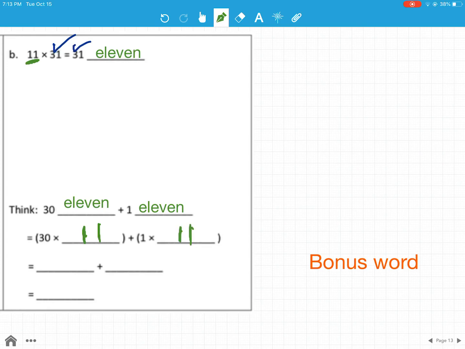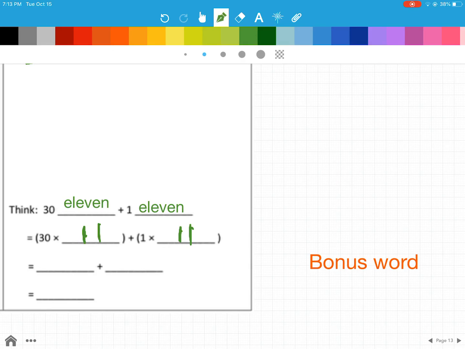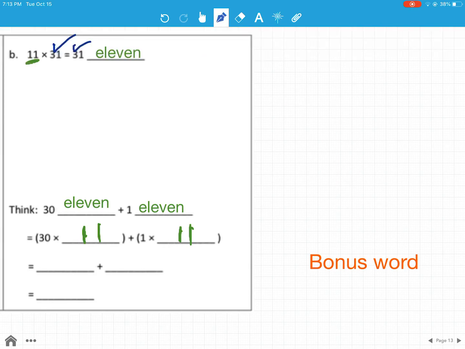Now how does this work, or how does this look? Well, it's going to look similar to what we've been doing. We're going to be making 31s though inside, 11s. So we are going to make boxes that have 11 in them. We're going to make 31 of them.